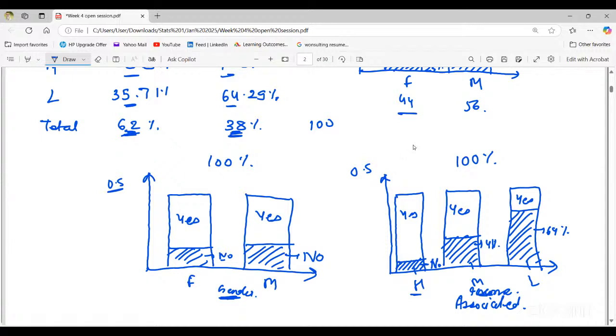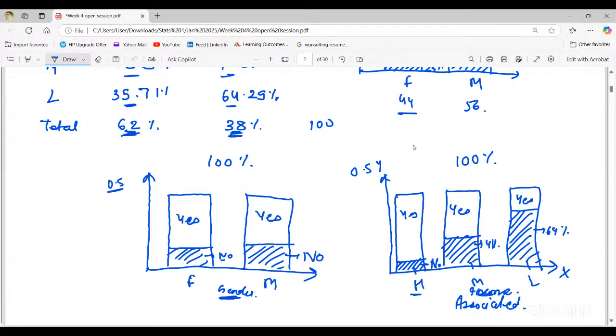In low income, the majority are not owning one, 64% are not owning it, correct? So we see there is a difference. If you observe the chart only, you see there is a difference. So there is an association between income and owning a smartphone. Correct, there is an association between the X and Y axis in that way.